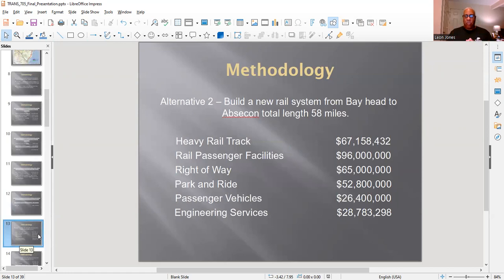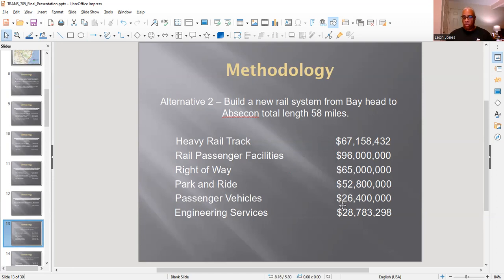Now, when we get down to alternative two, just build a brand new rail system from Bayhead to Absecon, total length 58 miles. Well, you know you have to have the materials, and they're going to be pretty costly. Your track, your rail passenger facilities, right of way, park and ride, engineering services, and passenger vehicles.